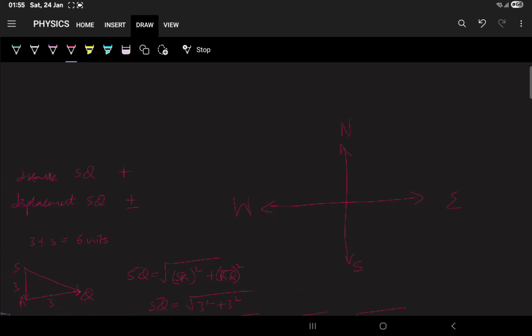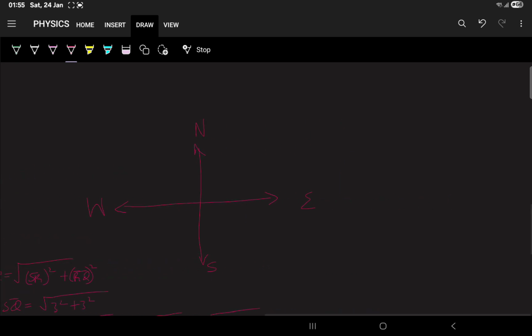Now the question comes in a way whereby you're using this coordinate system. It could be that it is said a body or a man walks from point S, assuming this to be our reference S, and goes due south. Now where is south? South is downwards. Due south 3 units to point R.